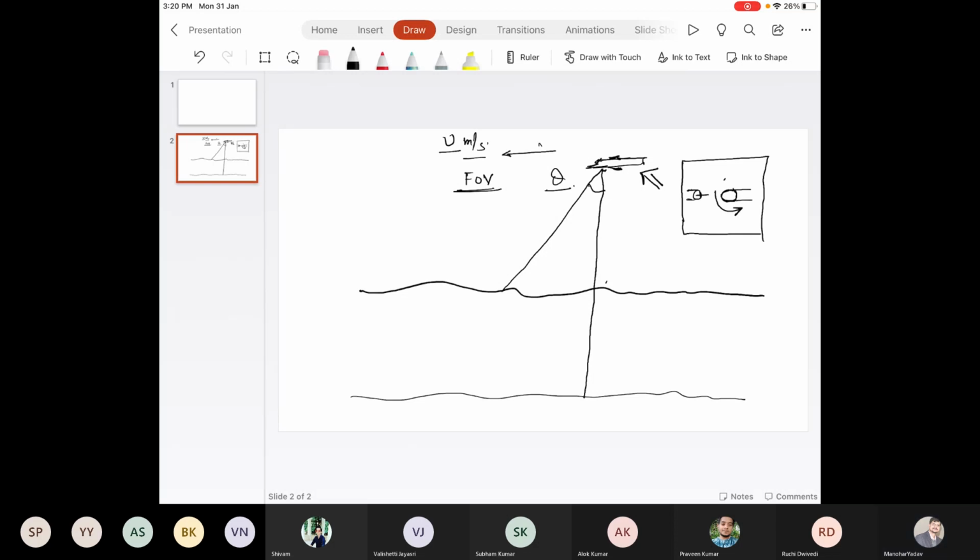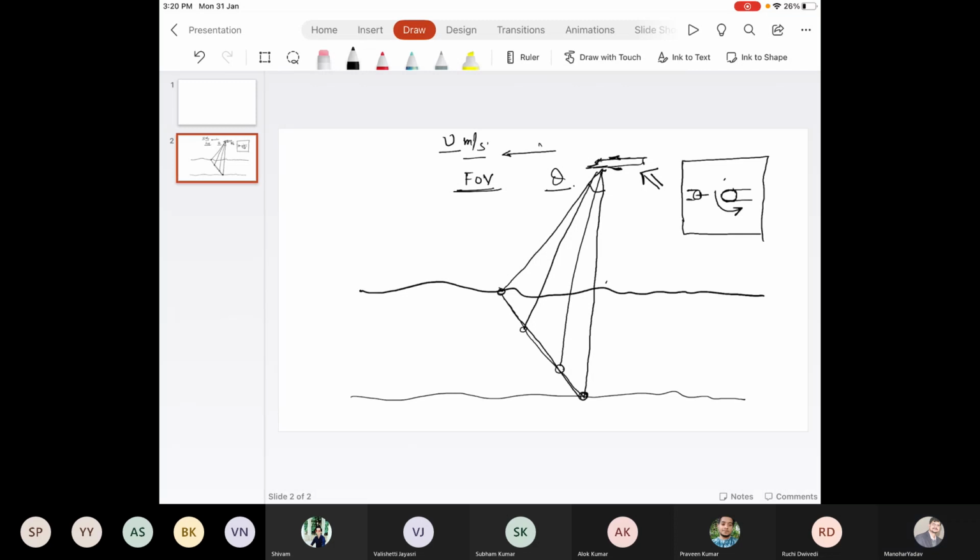Now, let's say the first laser beam is fired, then the vehicle moves forward. What happens? In a slant direction, the second beam, again the vehicle moves forward, the third beam, and so on, and we have many footprints in between the first footprint and the last footprint.